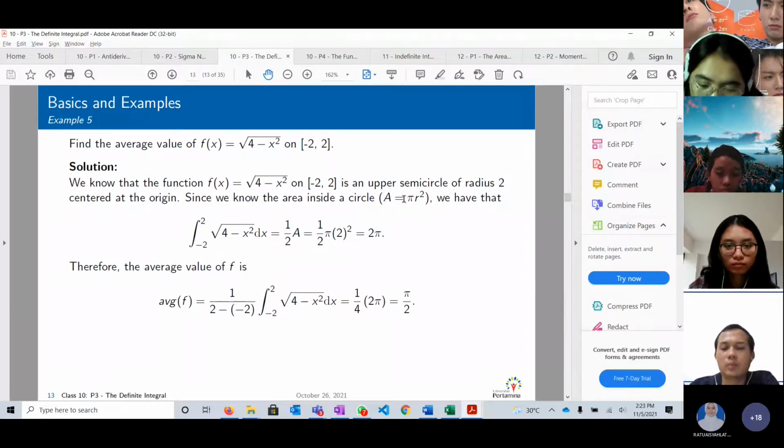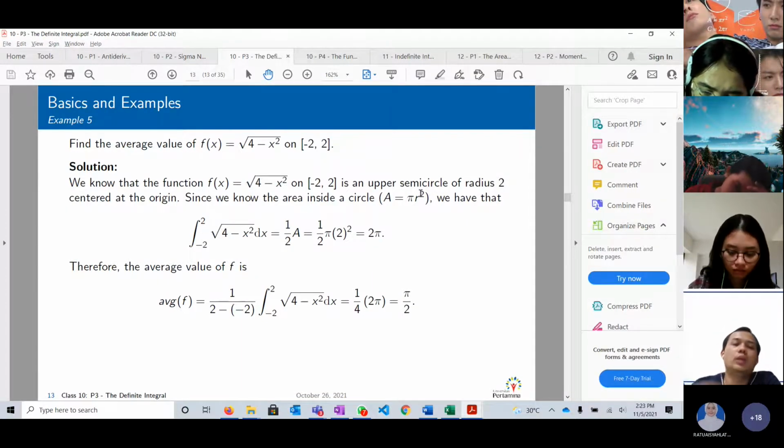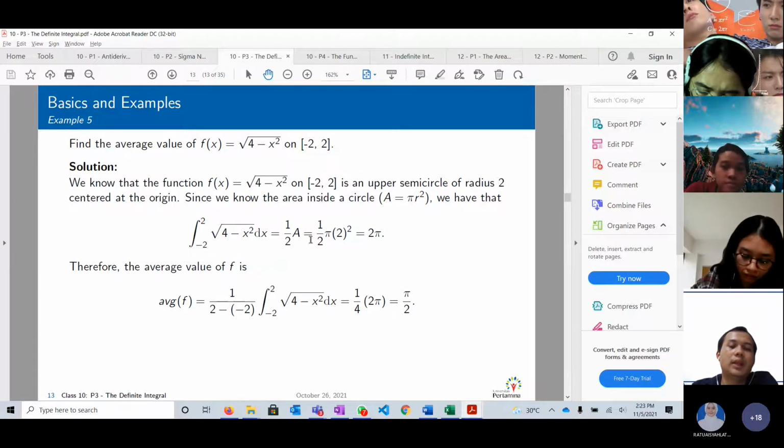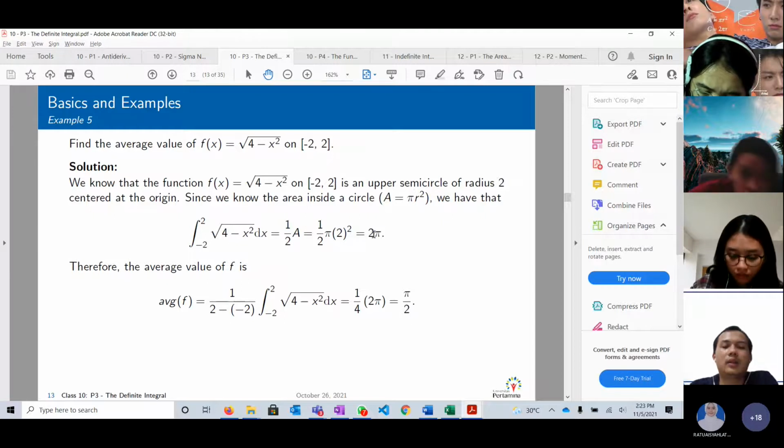Lebih mudah bagi kita untuk menghitung luasnya menggunakan rumus luas lingkaran. And since we want to compute the area of upper semicircle of radius 2, then we just need to divide the area pi times r squared by 2. Then in this case we have that the area is basically 2 pi. Ya. Luas setengah lingkarannya untuk kasus ini adalah 2 pi.